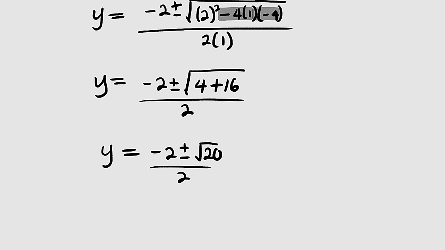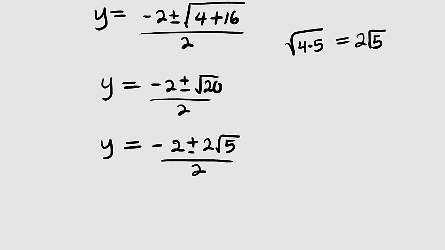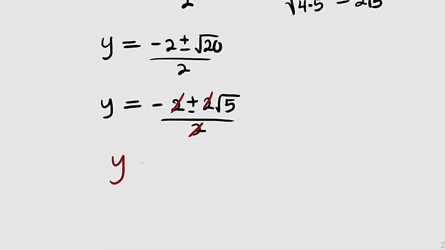But 20 can be expressed as 4 multiplied by 5, and the square root of 4 is 2, so this is 2 root 5. So this becomes -2 plus or minus 2 root 5 divided by 2. And from here, you can see 2 will go into these 2's. So y finally is equal to -1 plus or minus root 5.